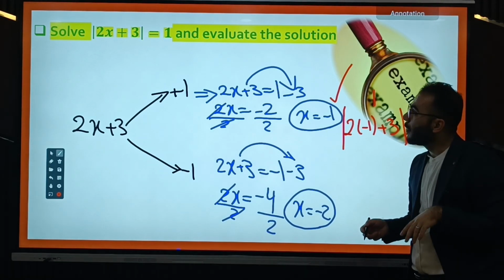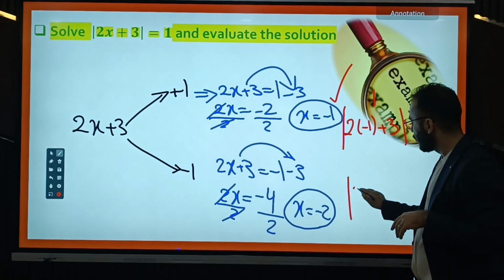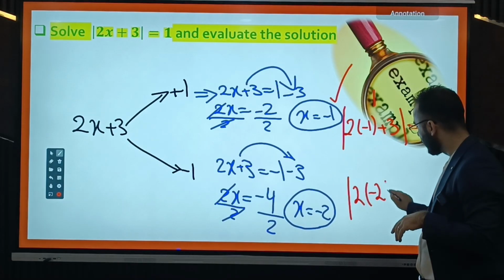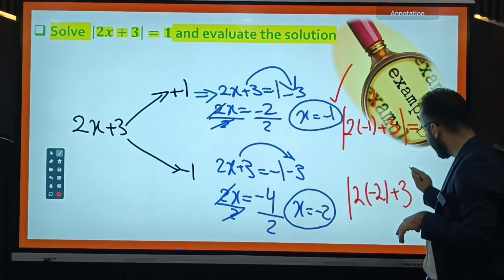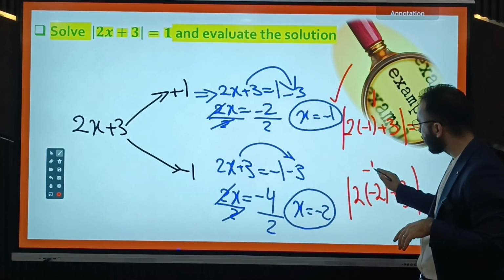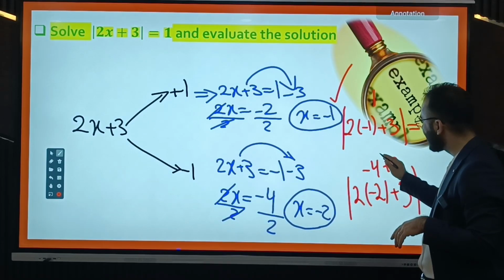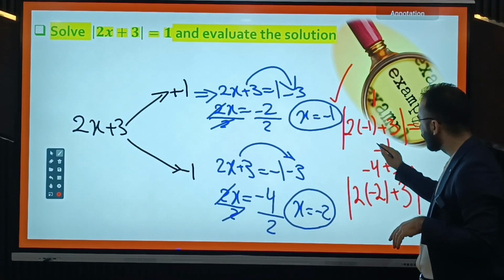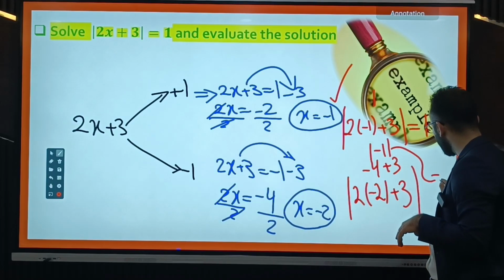How about negative 2? Well, 2 times negative 2 is negative 4. Plus 3, it's equal to negative 1. Absolute value of negative 1, again, is equal to 1.